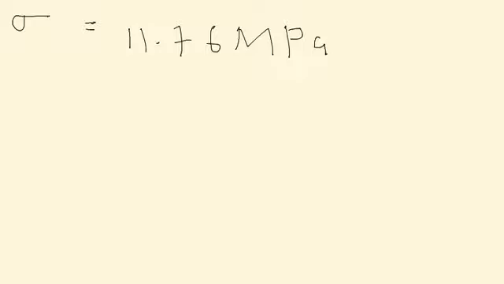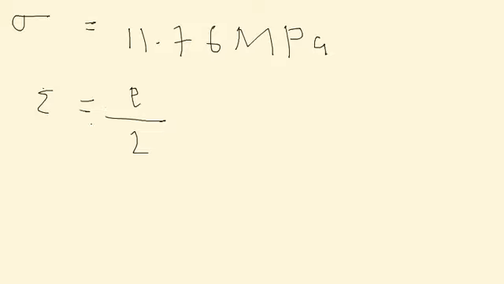Now, to get the strain, we need other parameters. We need to consider two expressions that we can use to find the strain. First, let us see whether we can get the strain from this expression: strain is equal to extension over the original length.